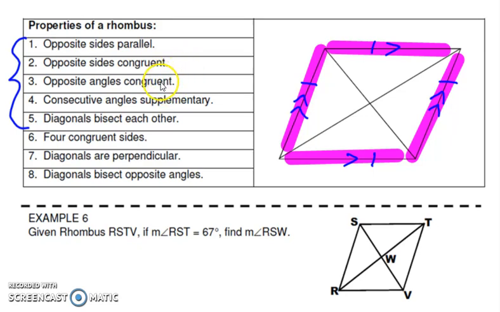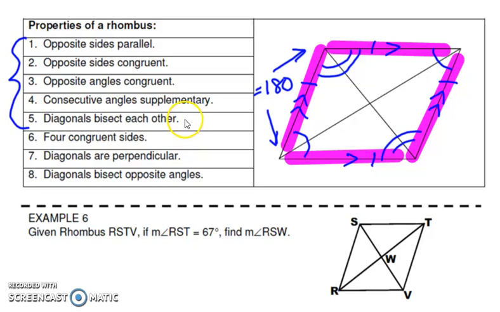Okay, we still have opposite angles are congruent. So these angles and these angles are the same. And then we have consecutive angles supplementary. So these angles that are in a row, those equal 180.